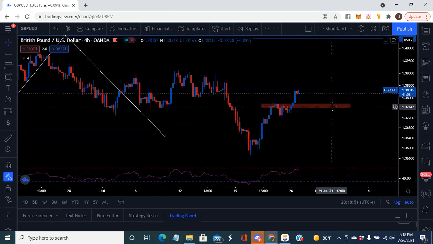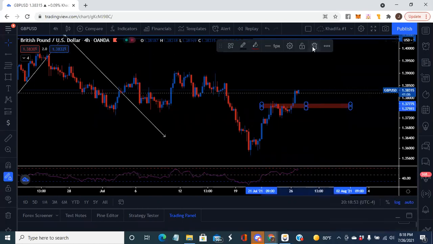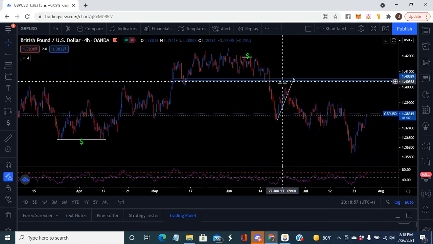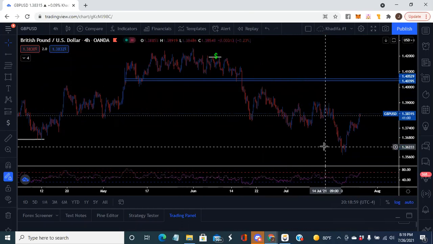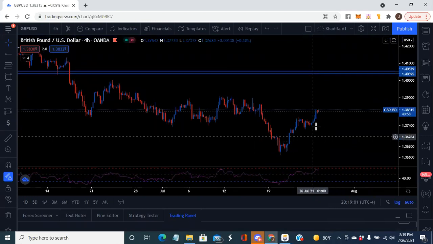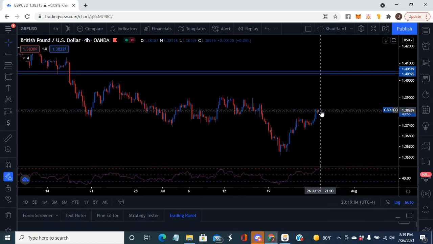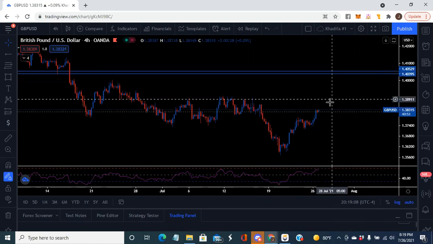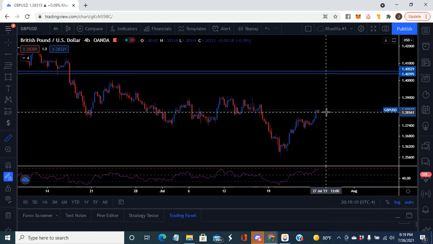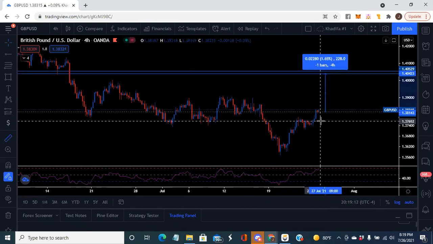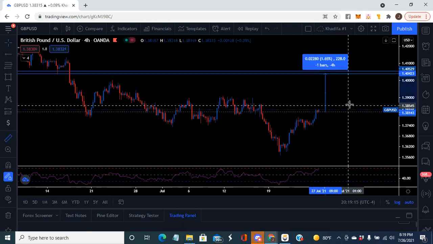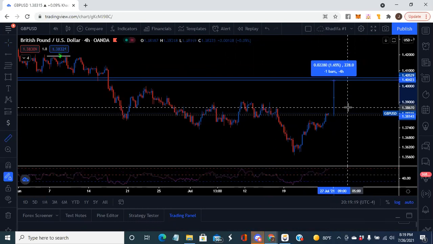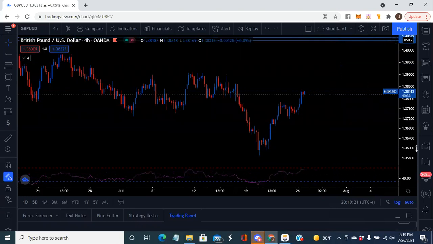Same thing with GBP USD. Yeah, if the dollar keeps pushing to the downside, we expect GBP to keep on pushing to the upside. Could give us a good 225, 250 pips this week, and potentially more than that.